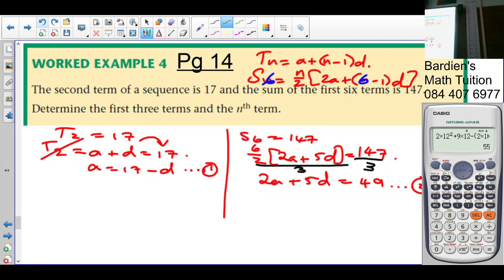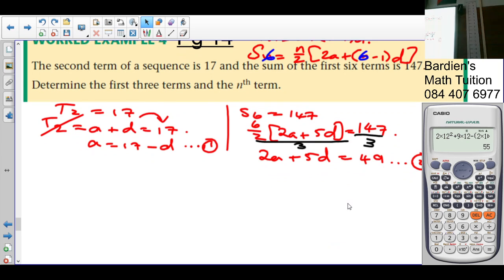So what do you see now? What do you think we're going to do now? Simultaneous equations. Substitute equation 1 into equation 2. So do that quickly, and then pause again. Alright, so as you see, it's going to be a simultaneous equation.